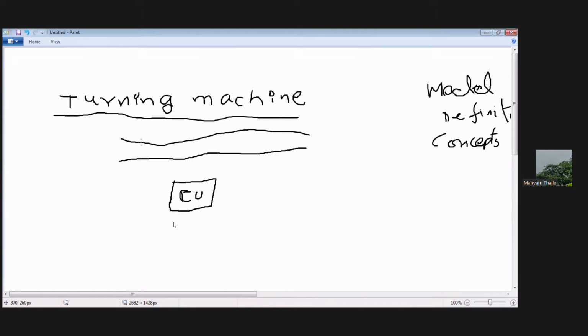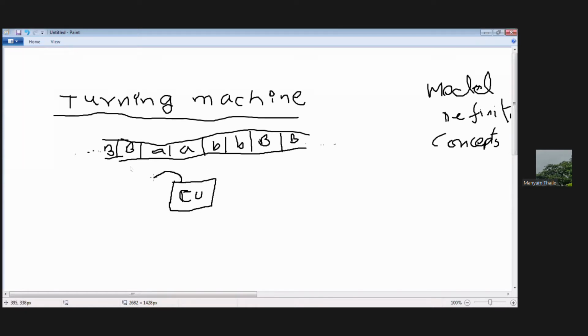For example, the input is A, B. After that, we are going to place the blank symbols on the left side and right side. You can place any number of blanks after the input string.